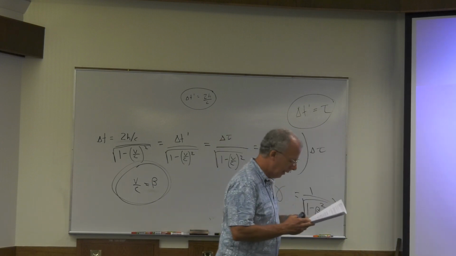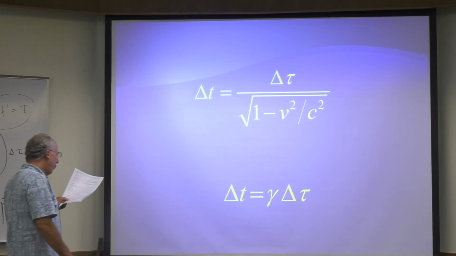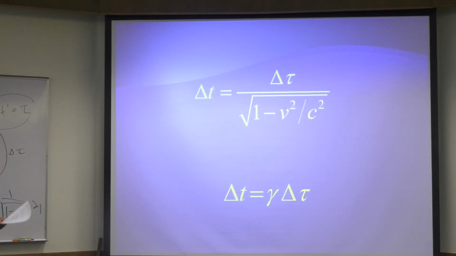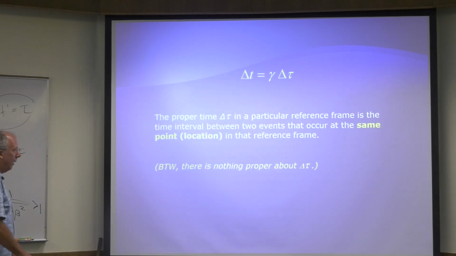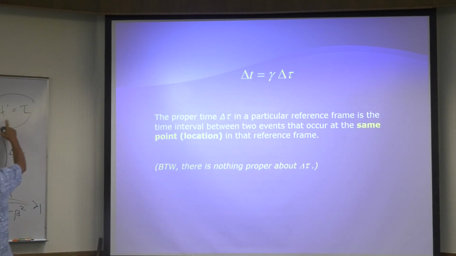Now, we have names for these things. Unfortunately, the names are pretty pathetic. They're kind of misleading. Oh well, we just do our best. So delta tau, which is just delta t prime, that's the time measured in the S prime reference frame.